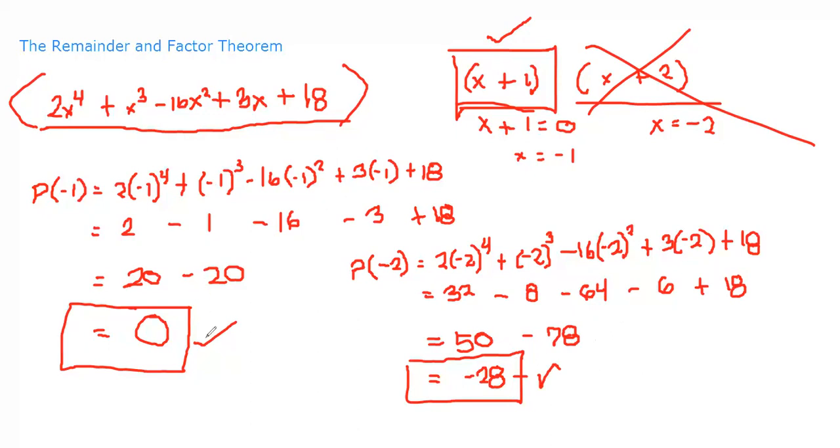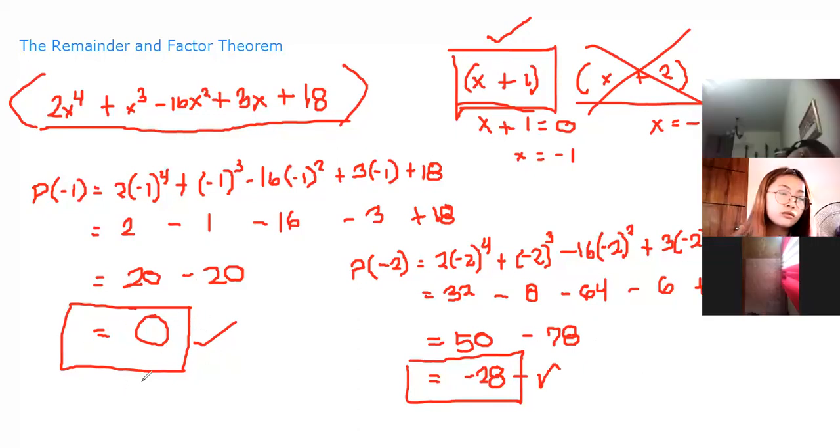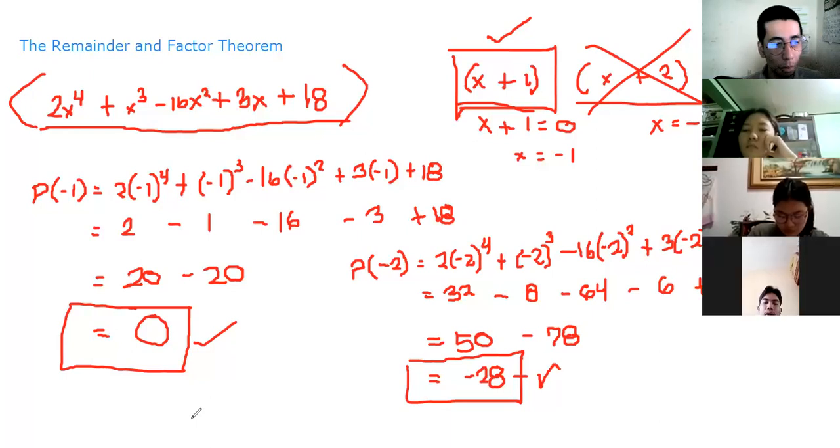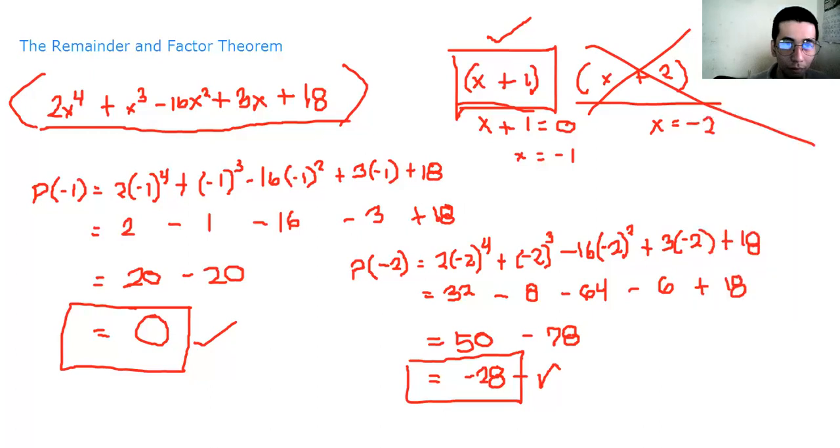Unlike x plus 1, this is a factor because our answer is 0. So, did you get it? Nakuha natin? Okay. How about the others? Nakukuha naman natin. So, do you have any question? Wala po. Okay.